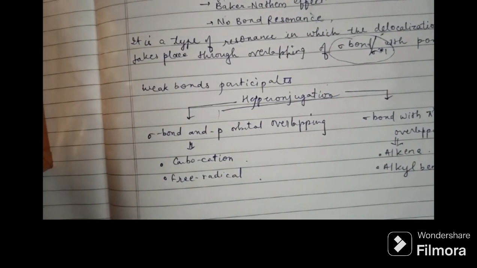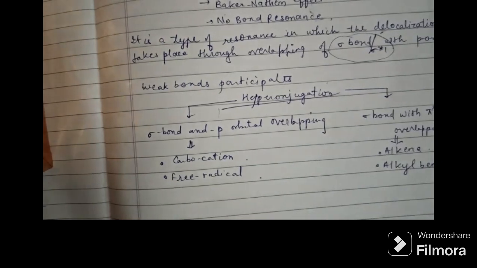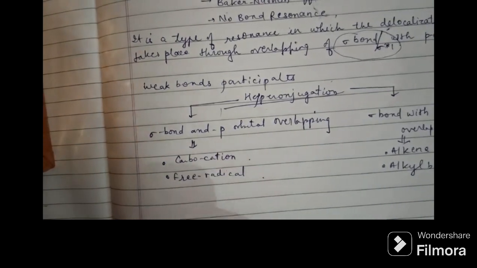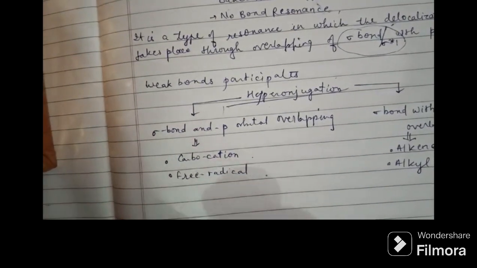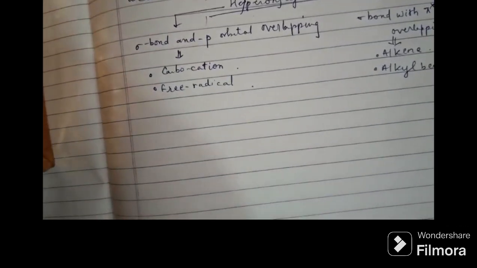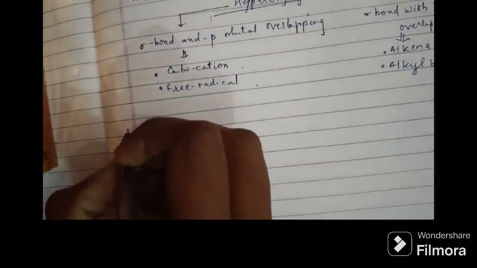So these can be taken as the examples for hyperconjugation. So let's start with hyperconjugation in carbocation.